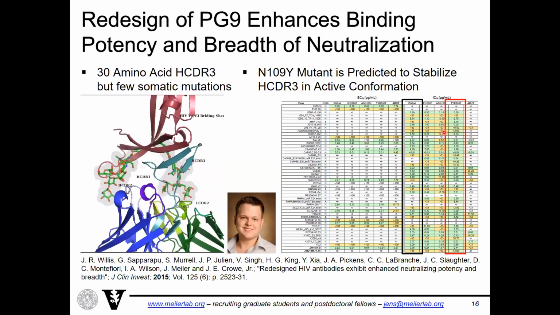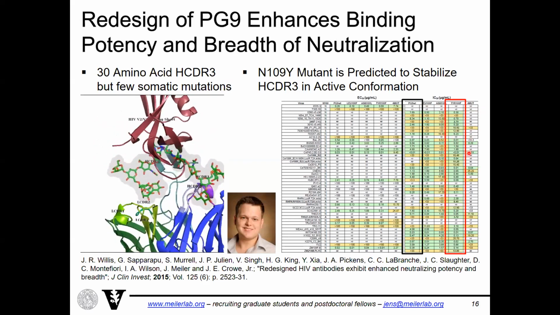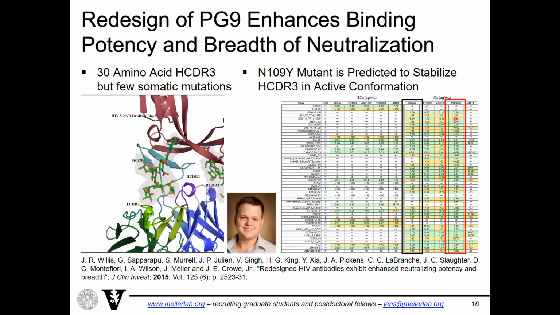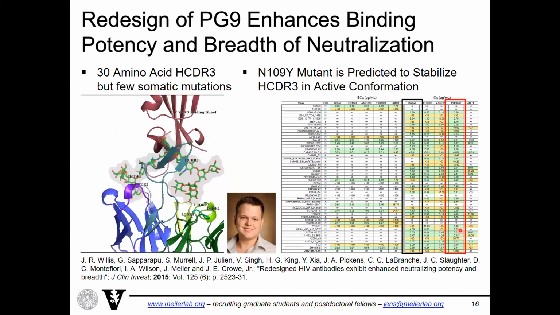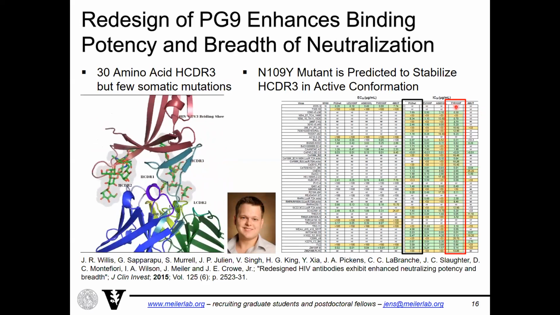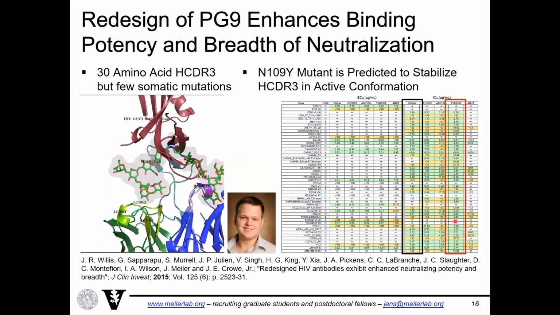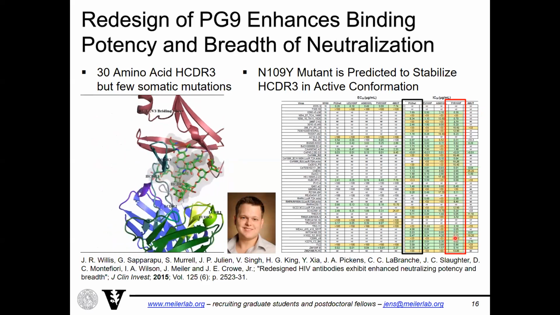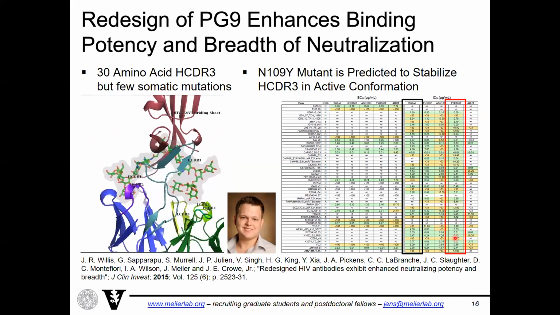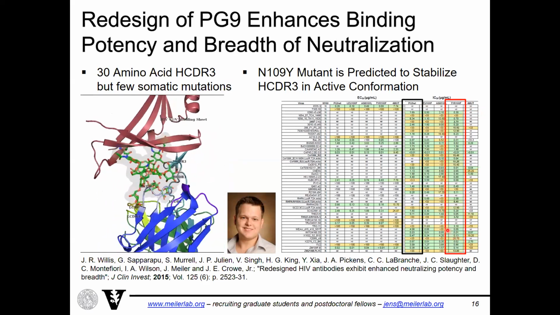And the first couple of columns are maybe about as good as the starting material. The last one is not really good, but the third column, this particular one, as a single point mutation, is about 4-fold as potent and twice as broad. So it hits substantially more strains, and it is also a lower concentration. It's usually 4-fold lower concentration on average that's sufficient for neutralization.